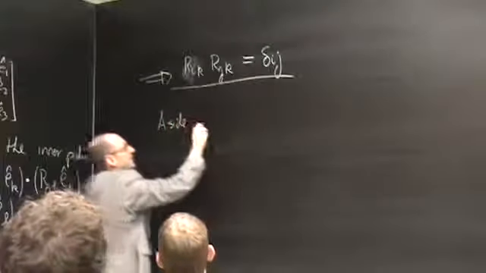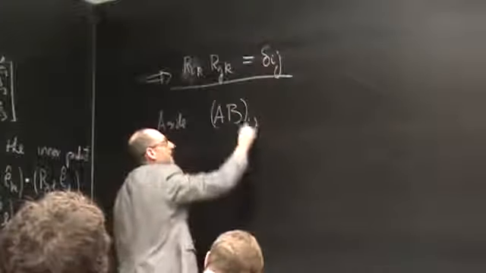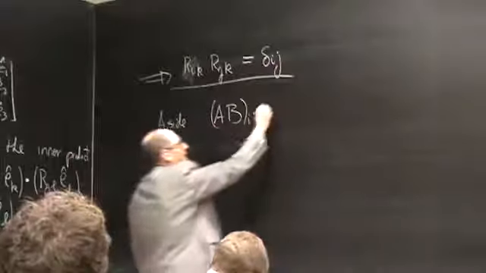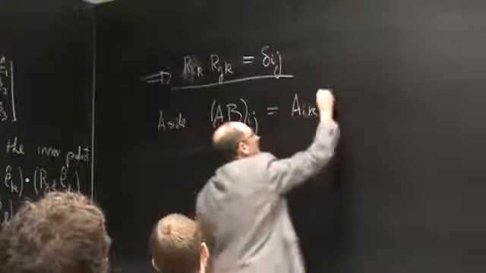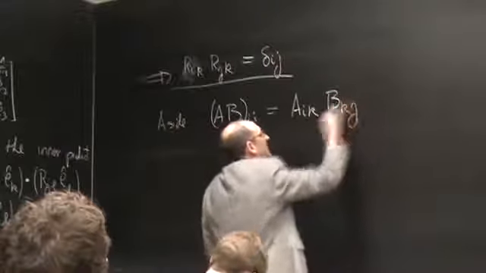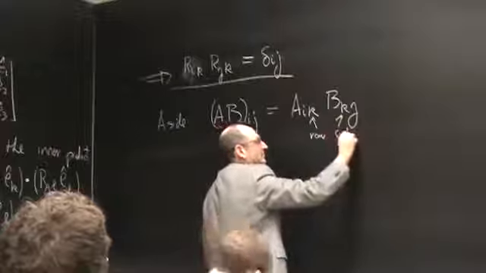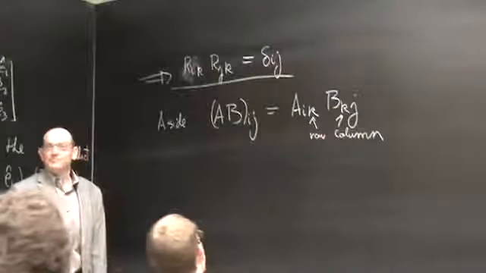If I have two matrices, A and B, and I want to look at the ijth matrix element of that, you remember that I have to sum the row with the column, right?